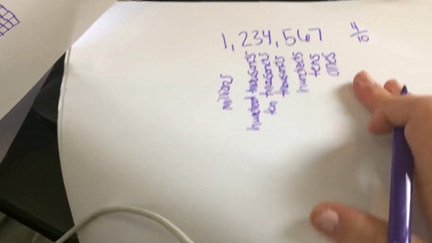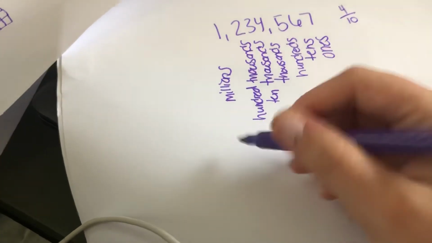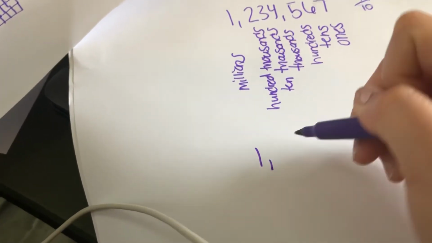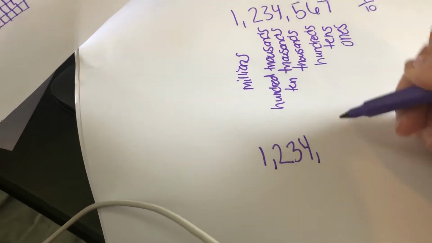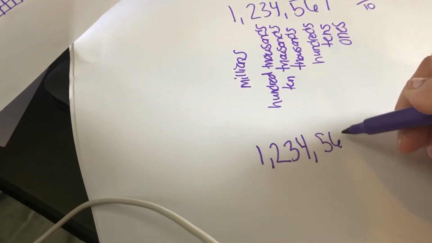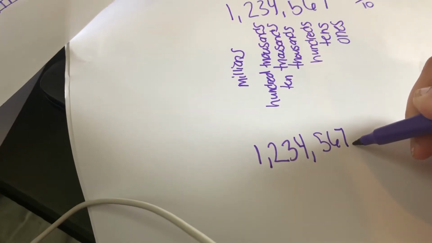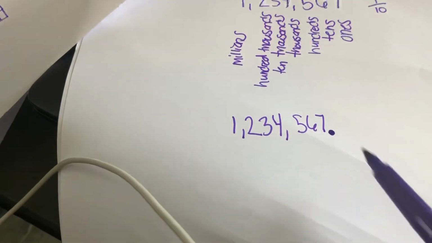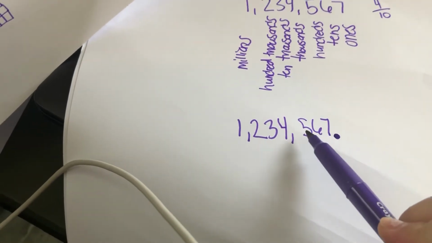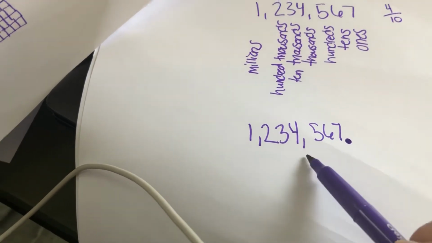Or we can say we have 1,234,567 and we put a dot. Before, we put commas after every third number.